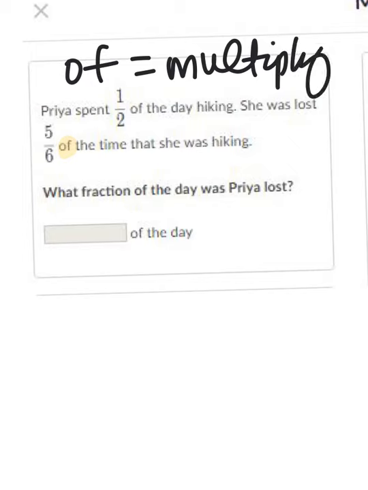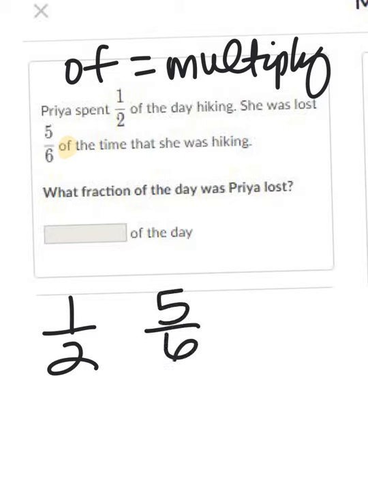Okay? So, Priya spent half the day hiking. She was lost 5/6 of that time she was hiking. What fraction of the day was she lost? So, half of the day she was hiking, and of that time, 5/6 she was lost, which means that we're multiplying. If you want to start using the dot for multiplication, that's totally fine.